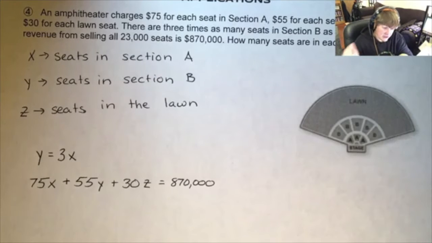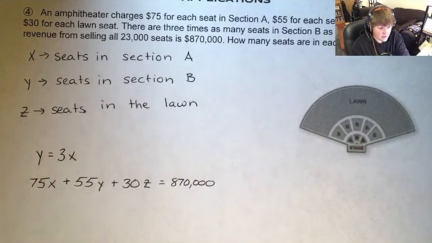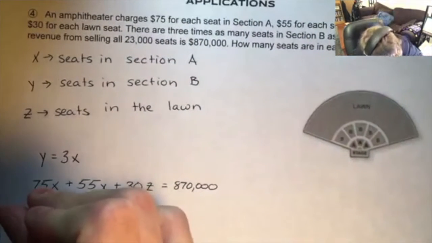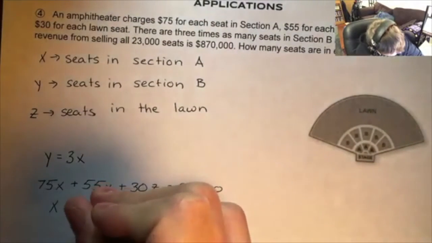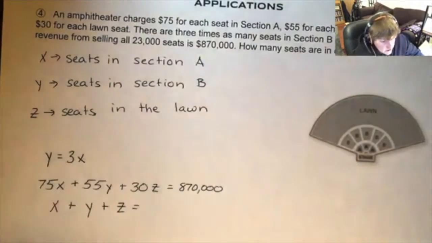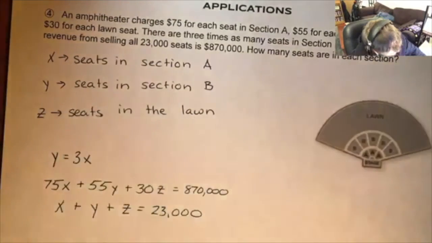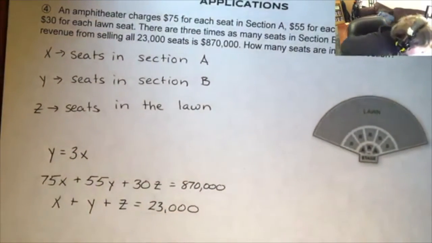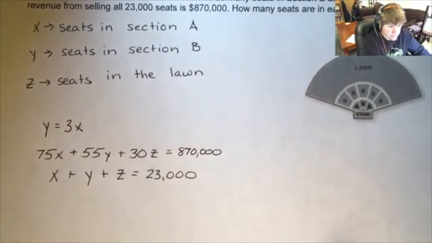Well, if I take all my seats in A, add all my seats in B, and add all my seats in C, I mean the lawn, together that's 23,000 seats. Okay. So then there's my system of equations in 3 variables.